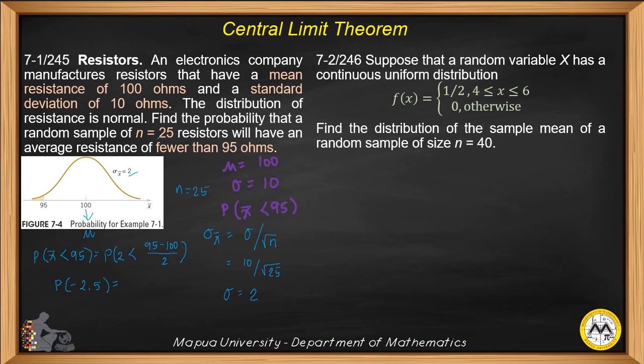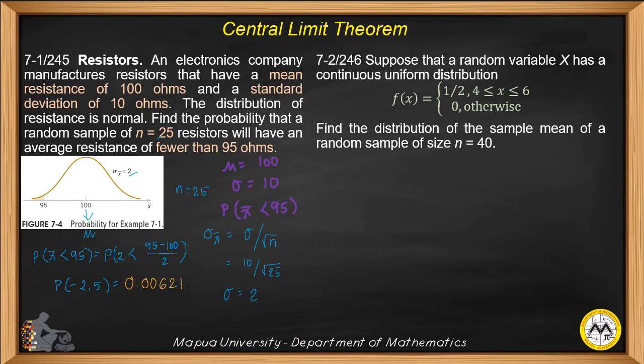And we look at the probability to the left of negative 2.5. So we can use your calculator or other techniques to solve for the value. I think negative 2.5 would be 0.00621.